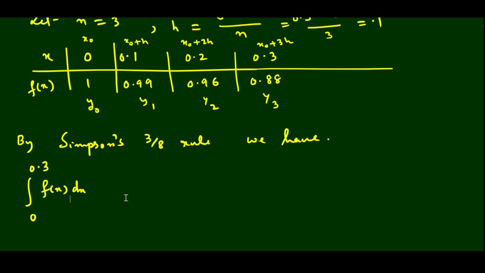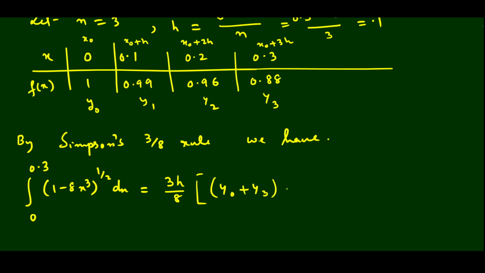Or in place of f of x, we better write the function. Our function is 1 minus 8x cube to the power half dx. So the formula is 3h by 8, right? 3h by 8, then first term plus last term, meaning y naught plus y3.